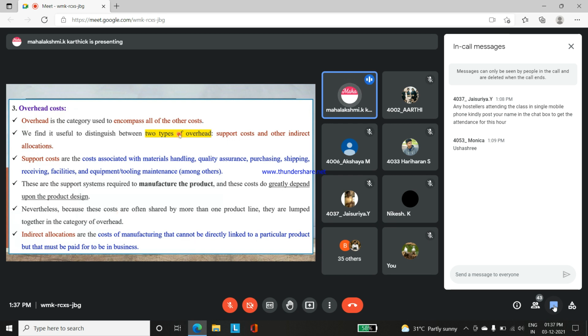So overhead cost is used to encompass all of the other costs. What are all the other costs? 2 types are there in overhead cost. Support cost and other indirect elements. Support cost means some companies are financially well enough, or they have a good business strategy. They can afford support cost.